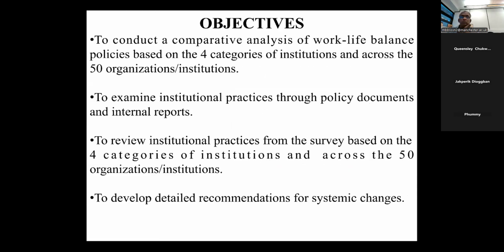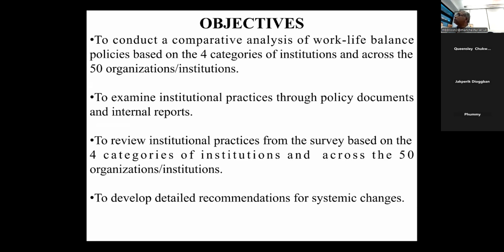Objectives. The objectives of this research are to conduct a comparative analysis of work-life balance policies across 4 institutions, which are the government, the non-government institution, the private institution, and academia.